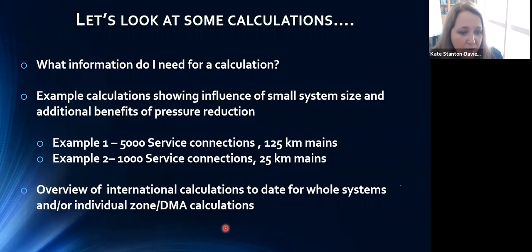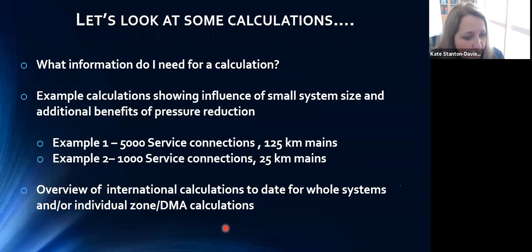So we'll drop it down to 1,000 service connections, which is now one of our small system calculations, dropping down the mains length, dropping down the density of connections, but still operating at 35 meters pressure. And we're going to compare and contrast some of the results that we get from these calculations.